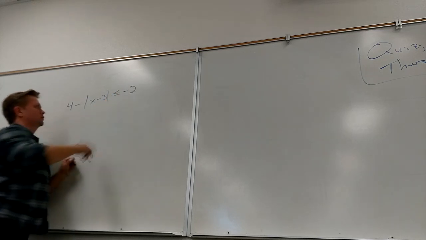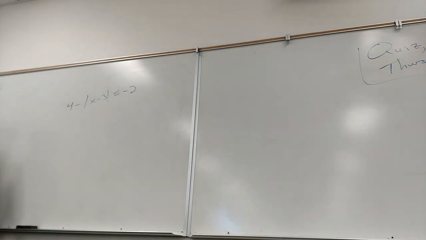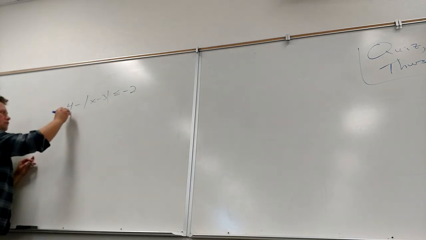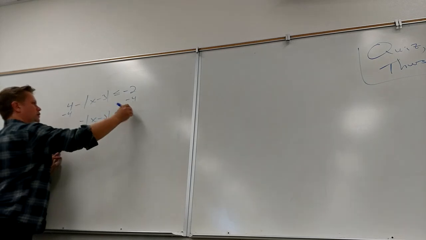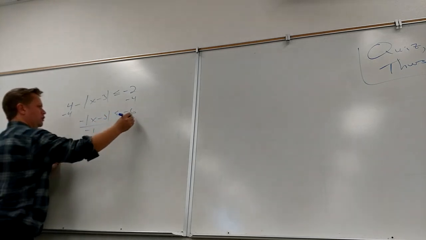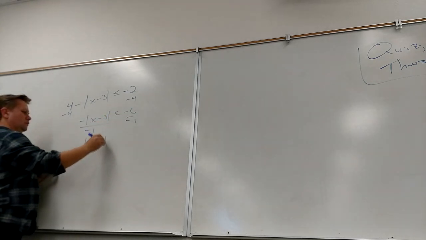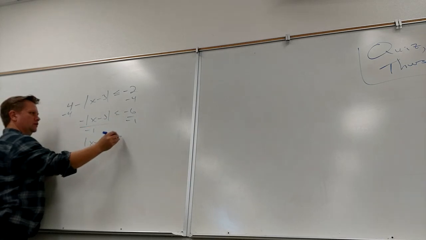Subtract 4. Divide by -1. Now you've got an absolute value totally by itself. So divide by -1, what happens? It flips. Yeah, that flips.